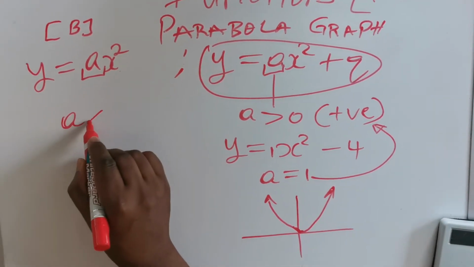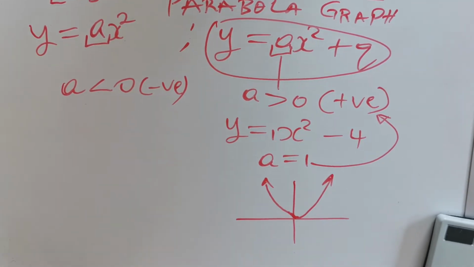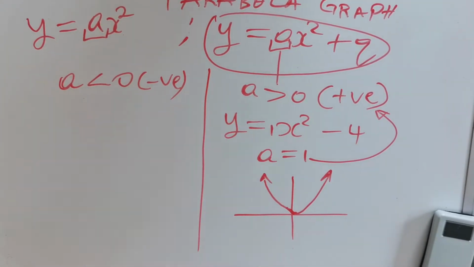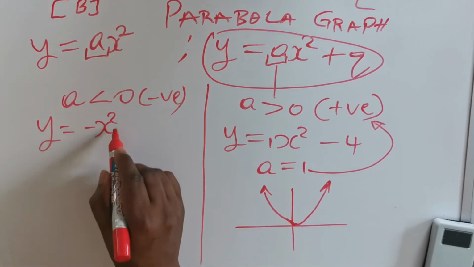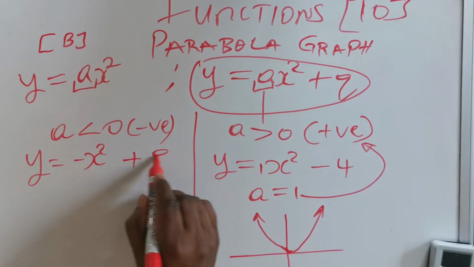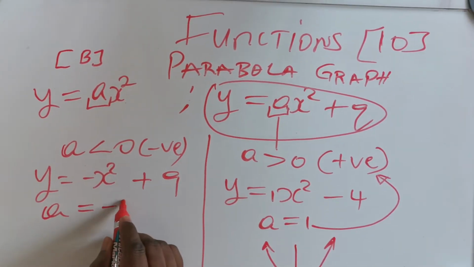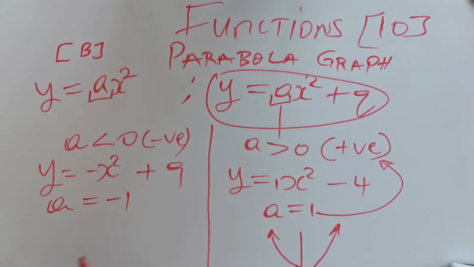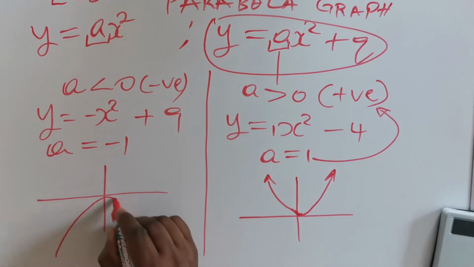However, if your a is less than 0, meaning your a now is negative, then for this one, it means that your y is equal to maybe negative x squared plus 9. As you can see here, your a is negative 1. So this obviously will give you what we call a sad face. So it will be something like this.